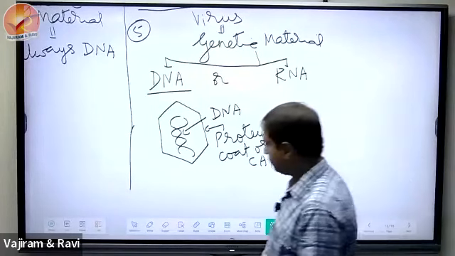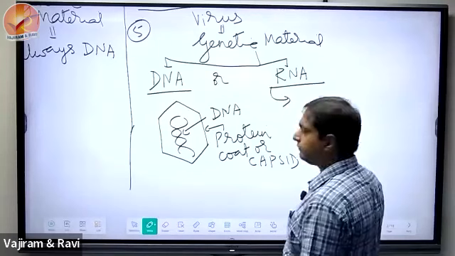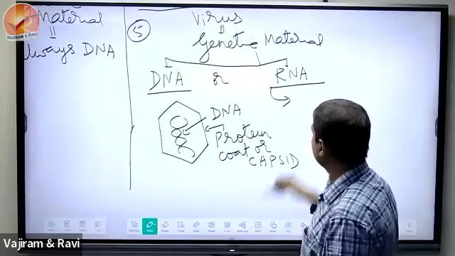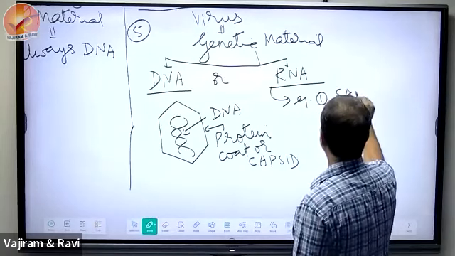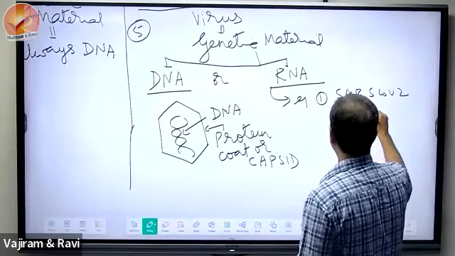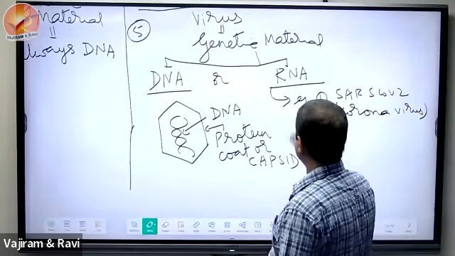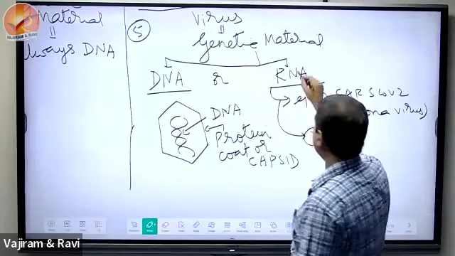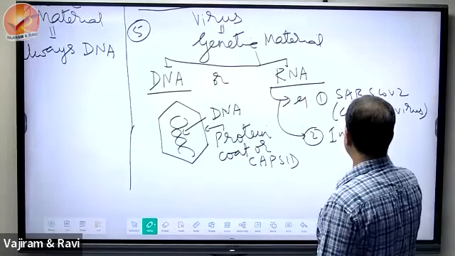Some examples also we can write. Now for RNA viruses, there are multiple examples. For example, we discussed the SARS-CoV-2 virus, that is the coronavirus. Then second example under RNA virus, influenza virus.